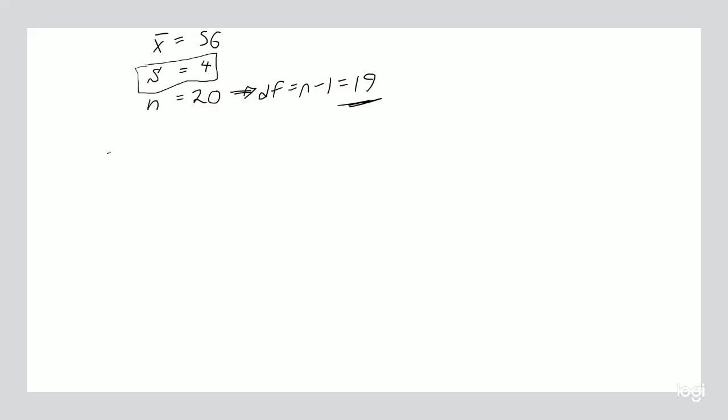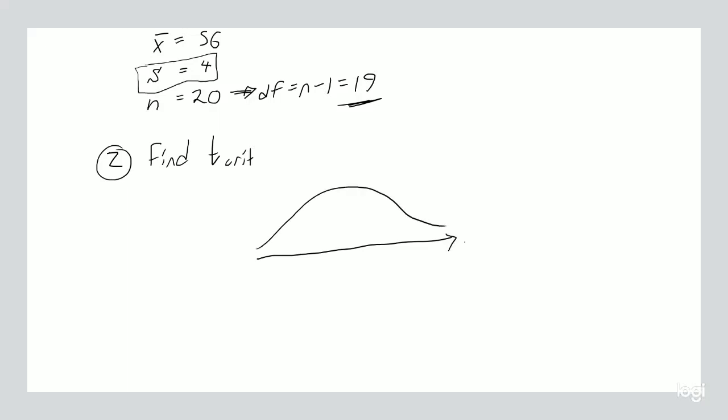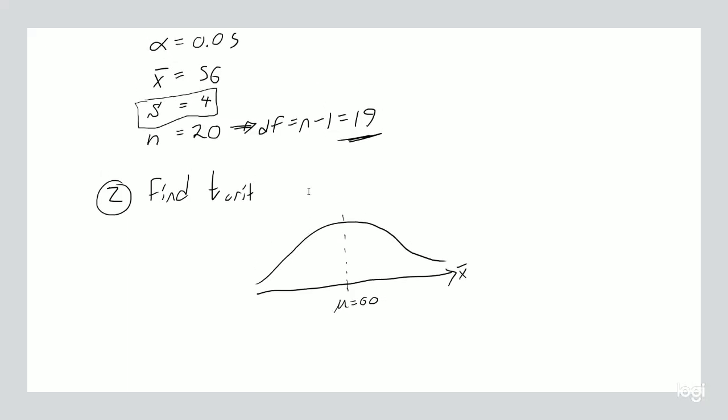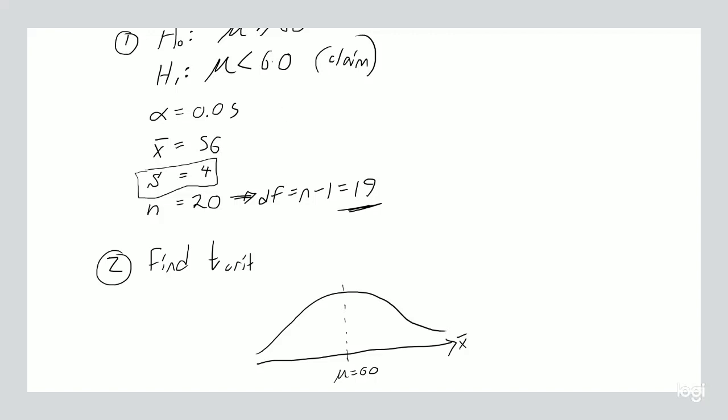Our step 2, we're going to do now. We have to determine our critical t-value. In our distribution of possible sample means, where we're assuming that the center is 60, we only have one rejection region, which is going to be too low.